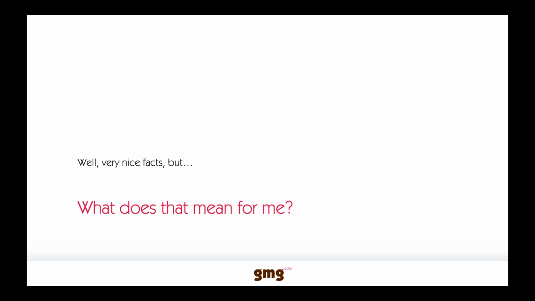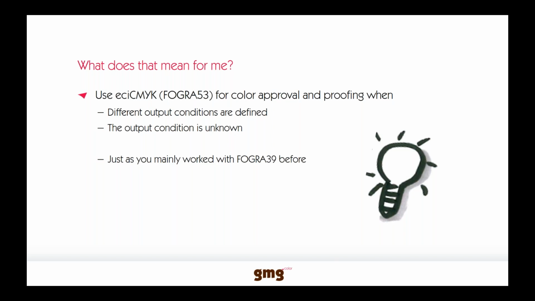Now we have seen all the facts. We already answered a lot of questions. So maybe something will be doubled now, but I think that's no problem. So, okay, what does all that mean for you as a user? So we already had it.